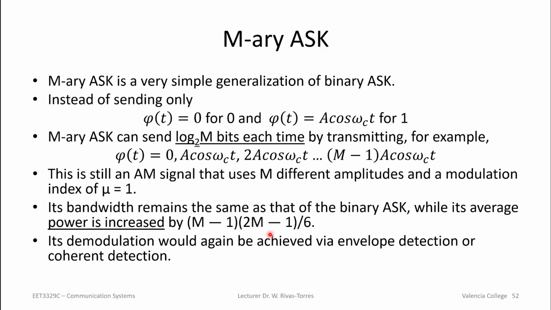So you'll keep the bandwidth the same, but you have to pay the price somewhere and you pay it in power. You have to increase the power by this expression here, m minus 1 times 2m minus 1 divided by 6, right? And again, the modulation, like we saw for AM, is achieved via envelope detection or coherent detection, okay? We already discussed those, no need to discuss those again.